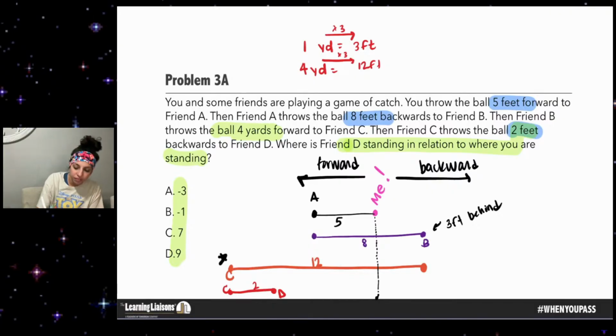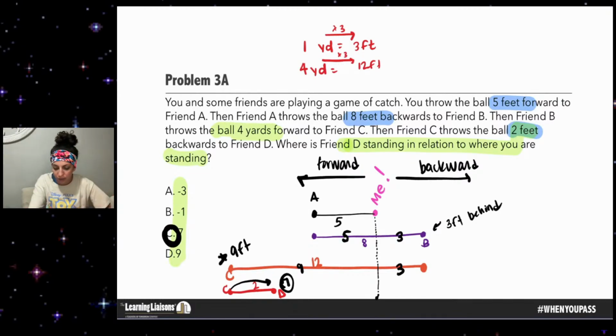So if this is 5, this is 3. So B is 3 feet behind me, which means that C is 9 feet in front of me, which means that if I subtract 2 from that 9, D is 7 feet in front of me. Because remember, forward is to the left because I created this weird backward number line. Now, had I created a regular number line, but again, it doesn't really matter.